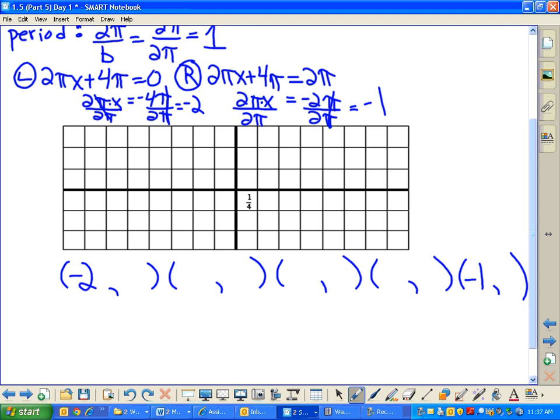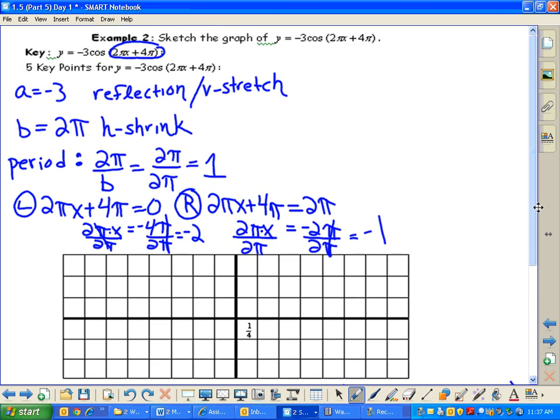Questions about that? To get the points in between, what do you have to calculate? Important stuff happens every blank period. What do you think, Richard? Quarter period. Very good. So now I need to figure out, well, if the period is 1, what is a quarter period?